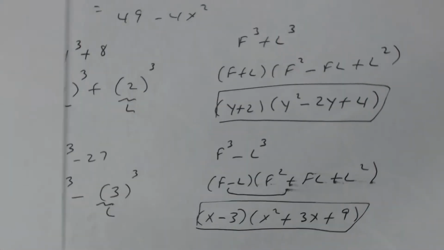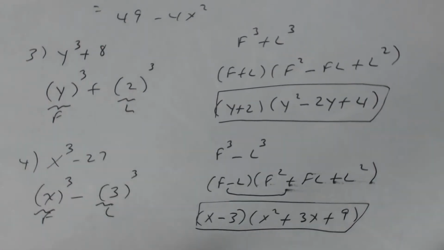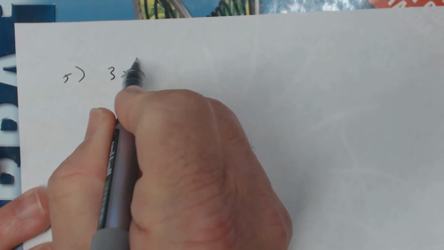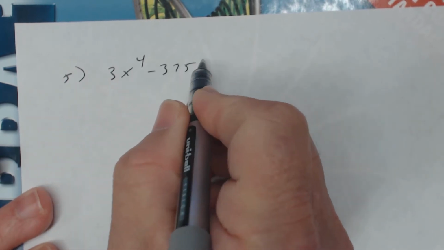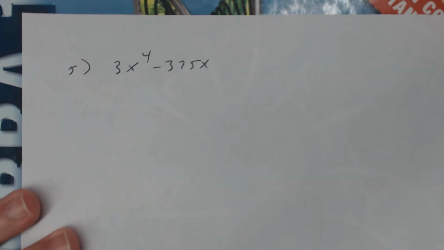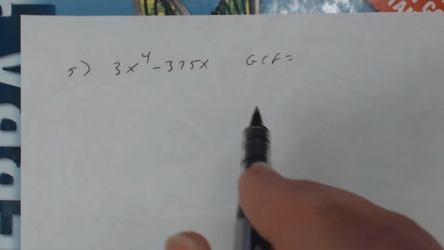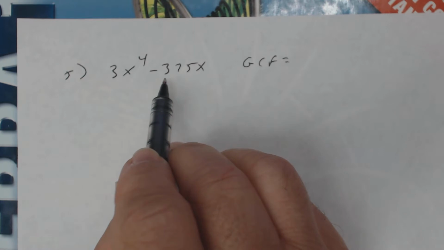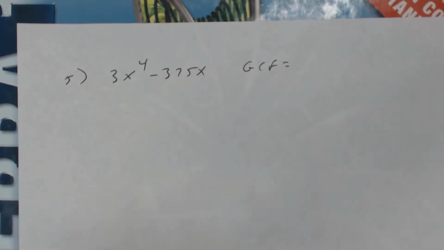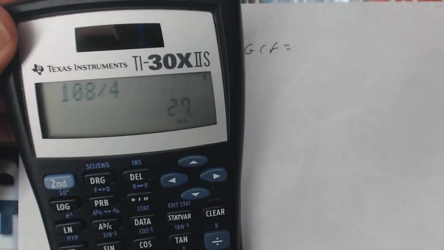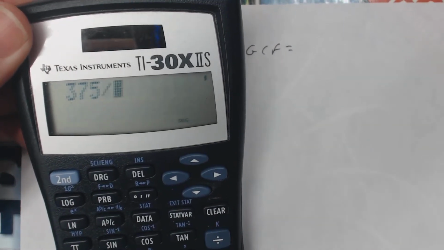All right, number 5, you have 3x to the 4th minus 375x. Let's see what the GCF is. I know I can factor out an x. Let's see if 375 is divisible by 3. 375 divided by 3, and it is.